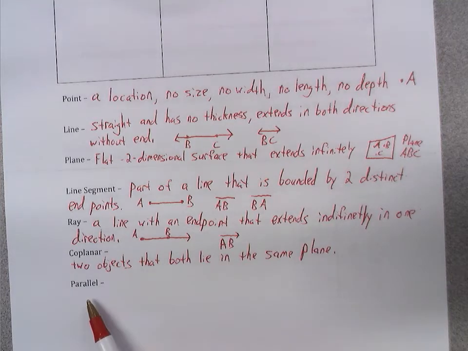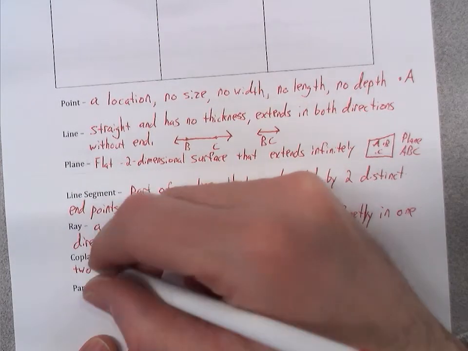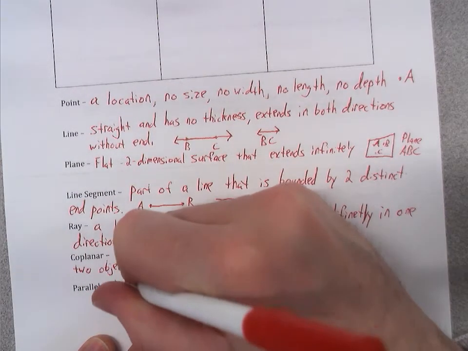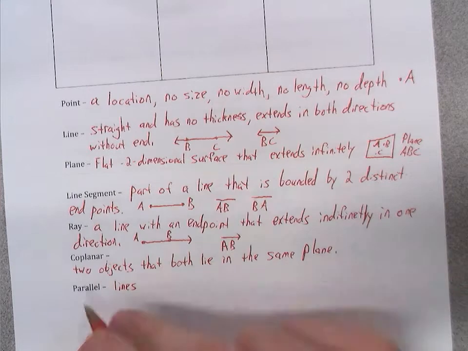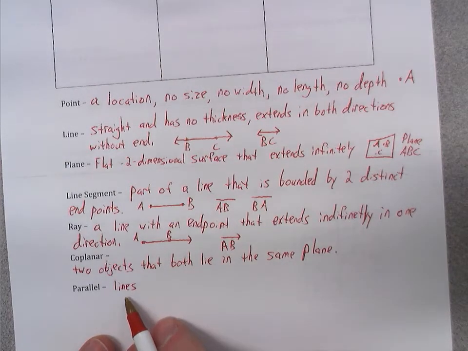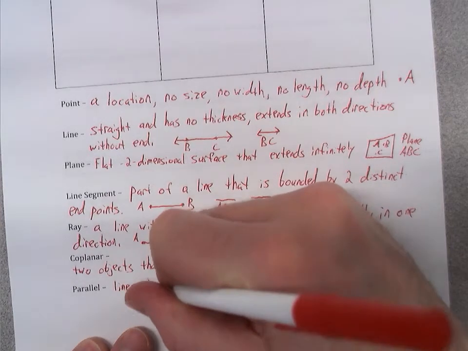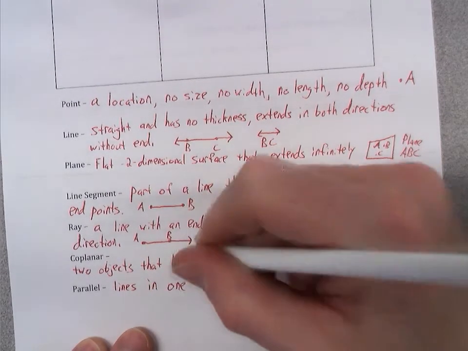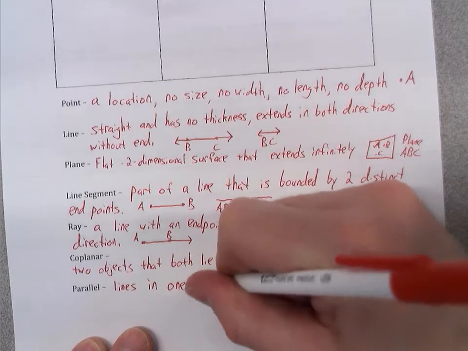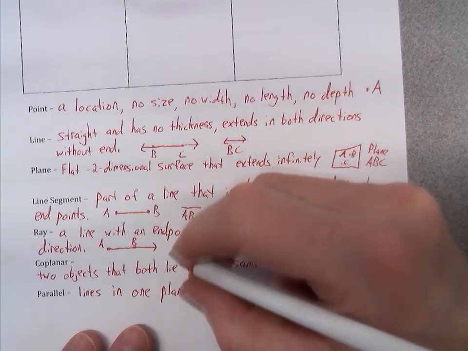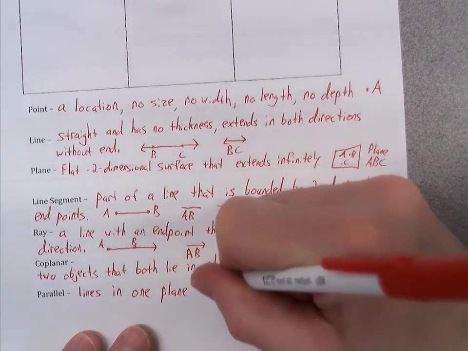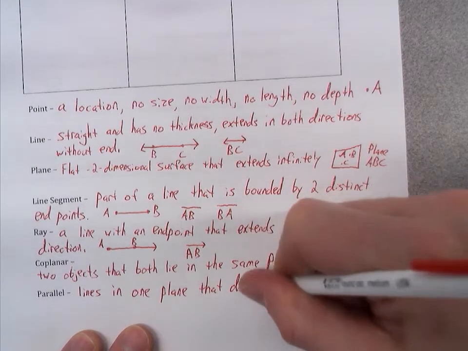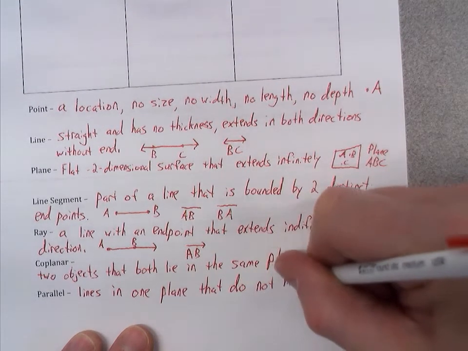We've got parallel. Parallel are lines. So notice it's plural, so multiple, so it has to be more than one. So at least two or more lines. Lines in one plane that do not meet.